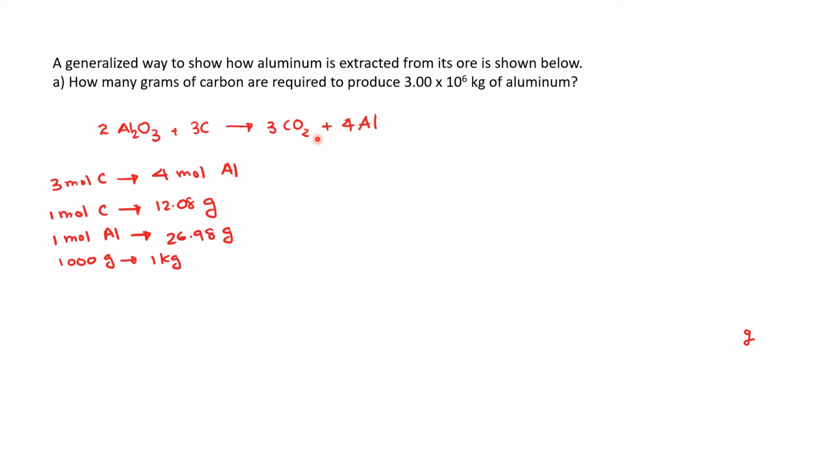Now the question is in between carbon and aluminum. We need to get the molar mass of carbon and the molar mass of aluminum. Also the question is in kilograms, so we are going to need the 1000 grams to 1 kilogram conversion factor as well.